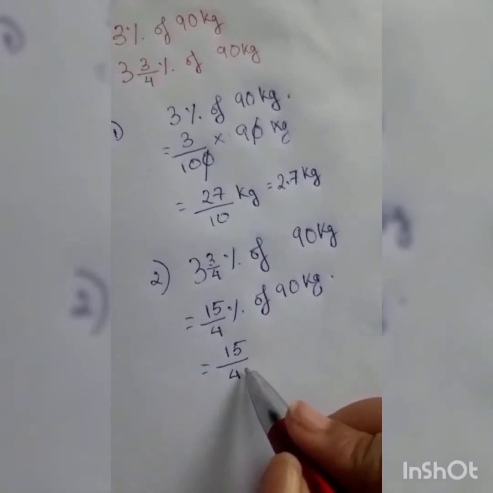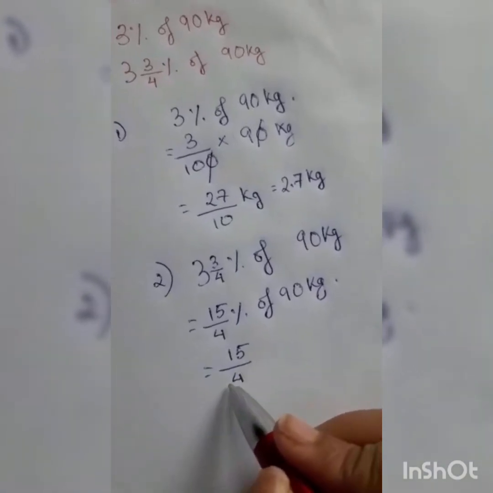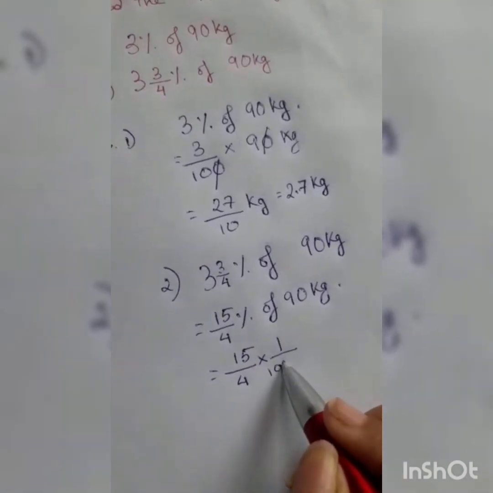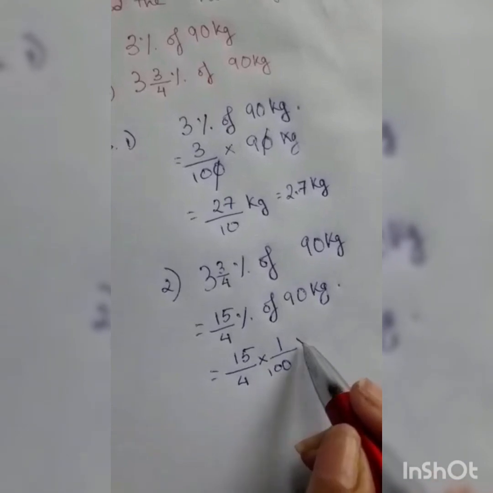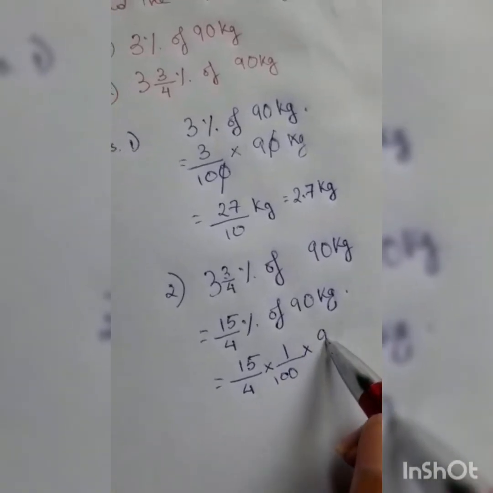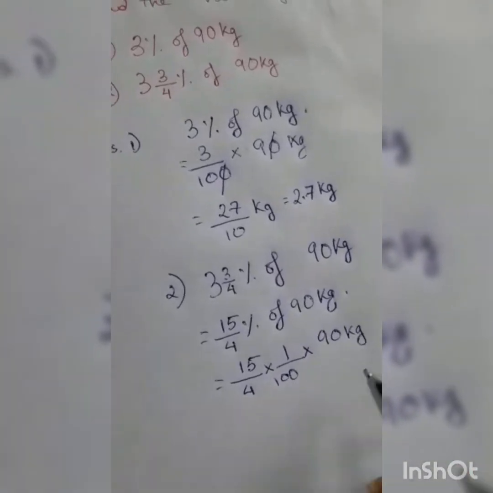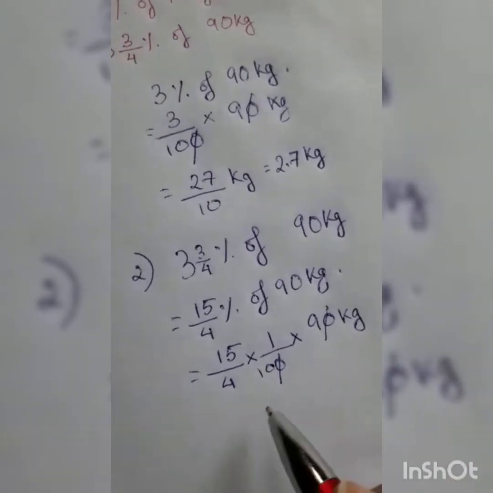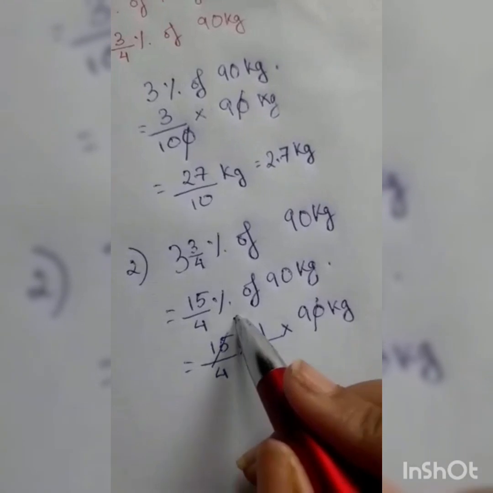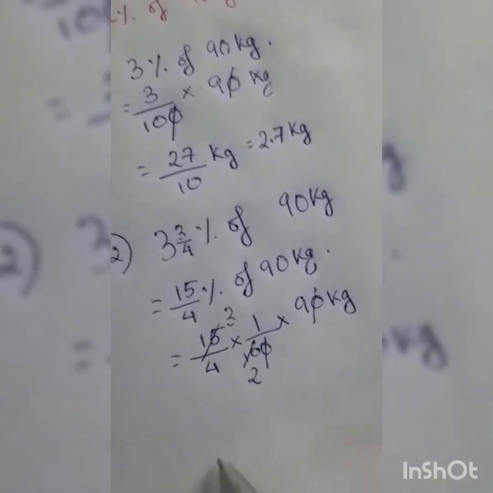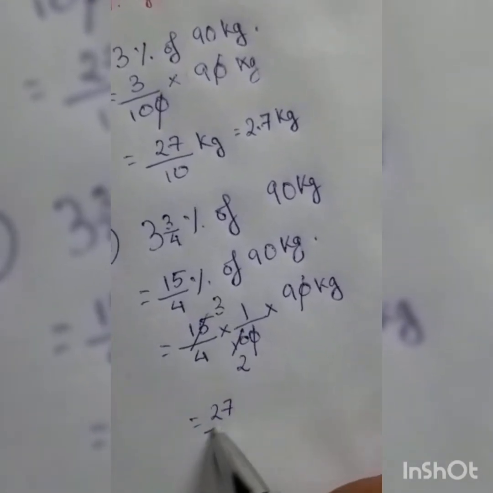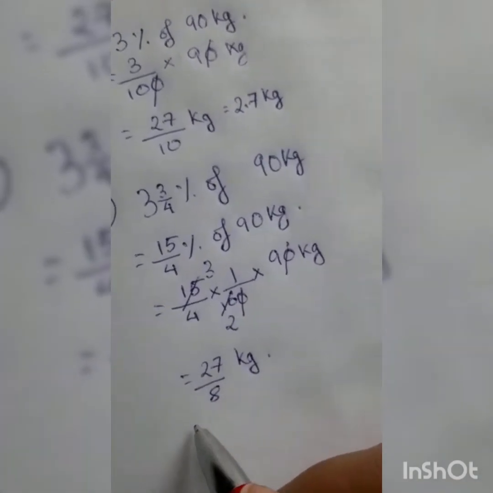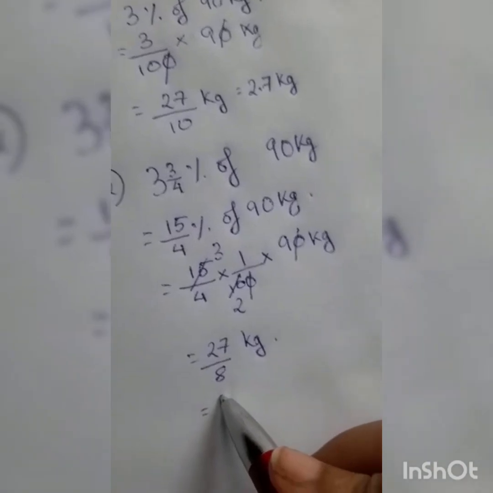Directly you can write multiply 100 over here in the denominator, or you can separately write into 1 by 100. This of will change to into, and you were having 90 kg. Now if I cancel, I will get 27 by 8 kg. You can change it into mixed fraction again.